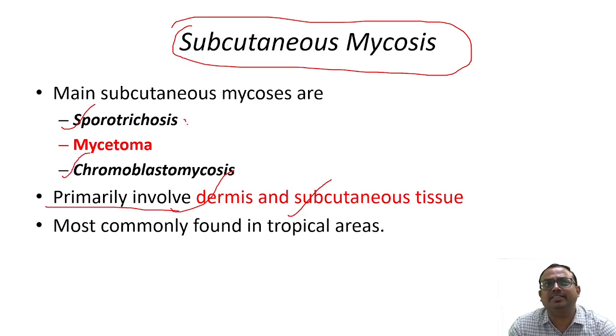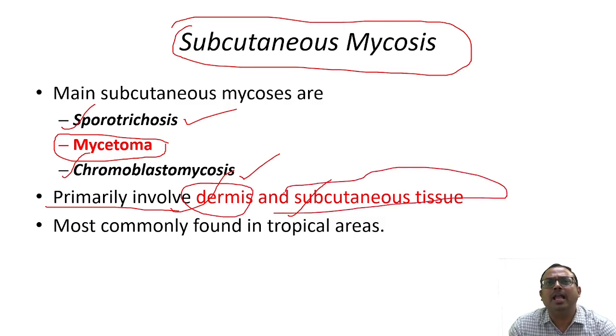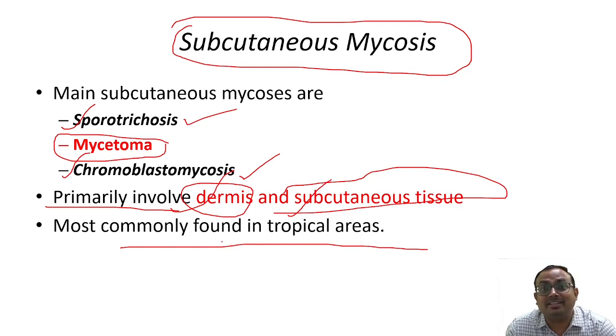We will discuss those separately some other day, but today we are discussing mycetoma. So one thing is clear: it primarily involves dermis and subcutaneous tissue, and at the same time it is a neglected tropical disease.